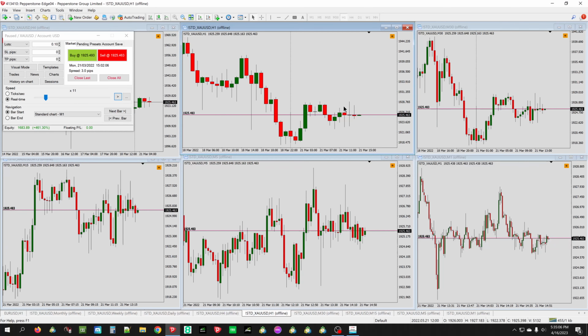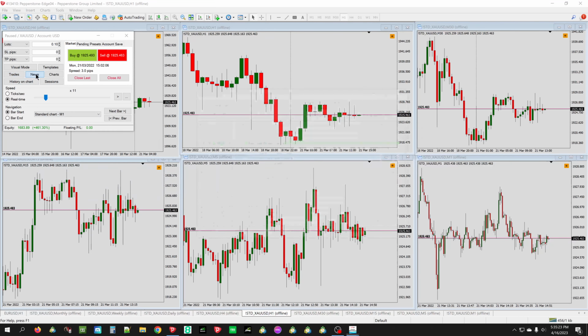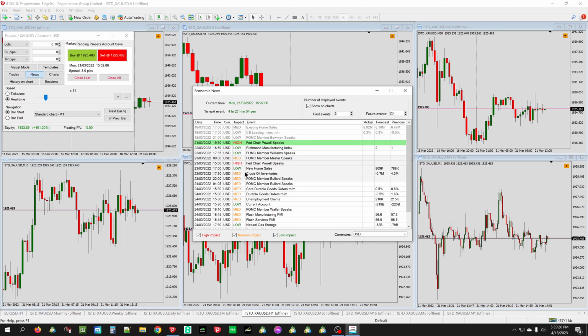The previous four H1 candles are closing side by side, although they have moved around 60 pips on the candles, but they are still closing side by side. So if I look at news, there is Fed Chair Powell speaking at 19:30.